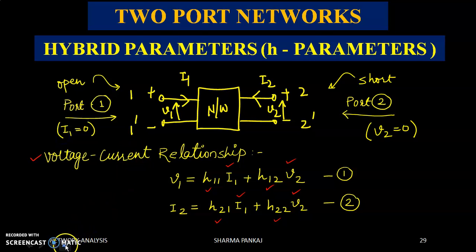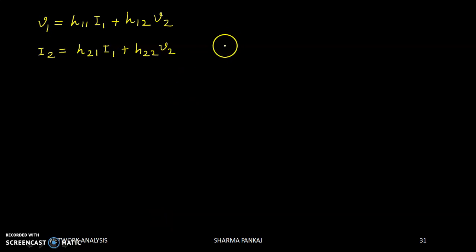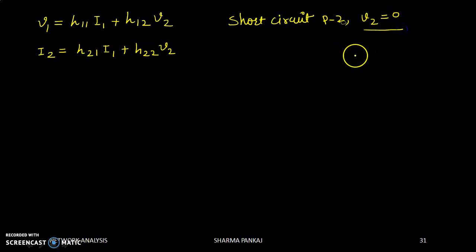So what we have done? We have short circuited port number 2. By short circuiting port number 2, we have received V2 is equal to 0. This is our key point. If V2 has become 0, this term will vanish. This will also vanish.